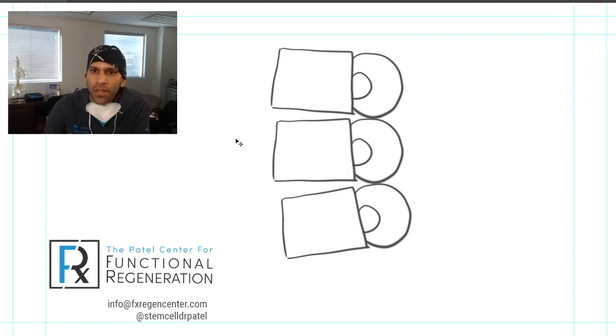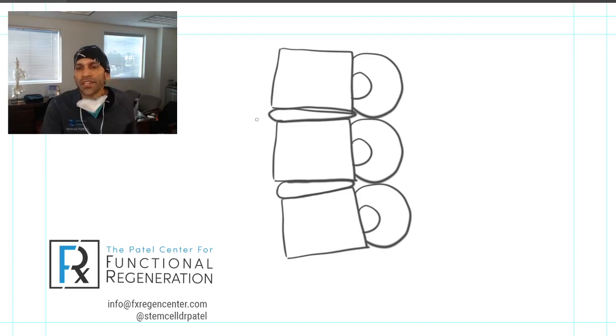This is the front of the body, this is the back of the body, and in between the coffee mugs there are water balloons completely filled with jelly, and those are the discs, okay? When we're teenagers, these discs are completely filled with jelly. They're nice and cushiony, and basically they're shock absorbers, right?